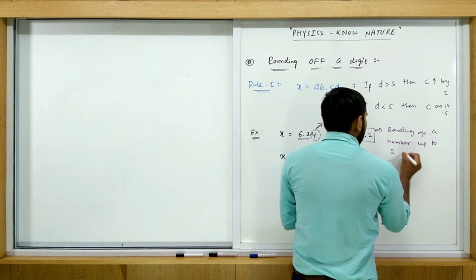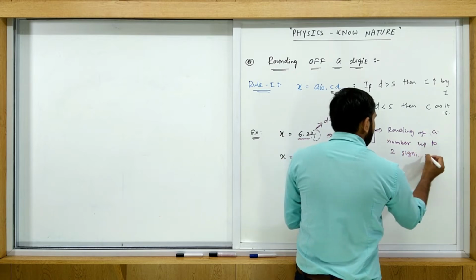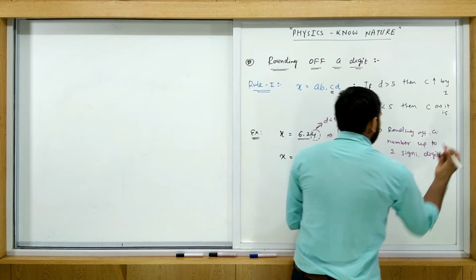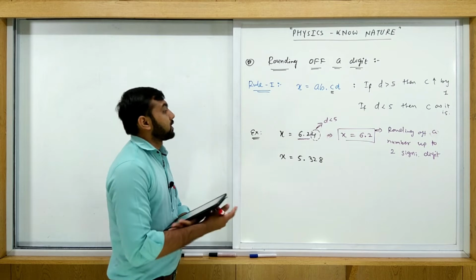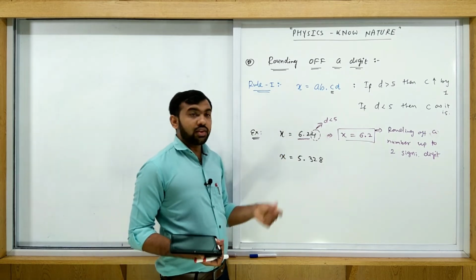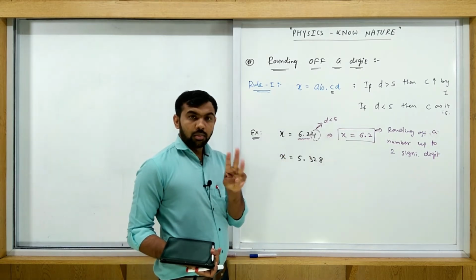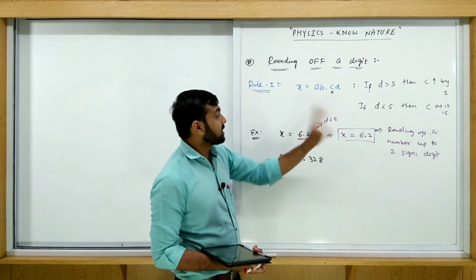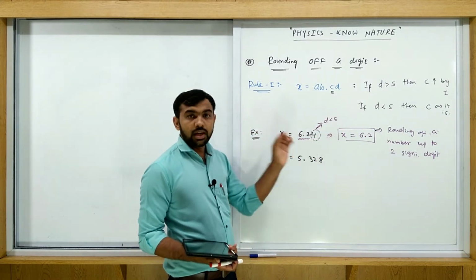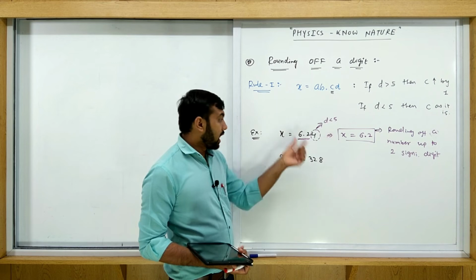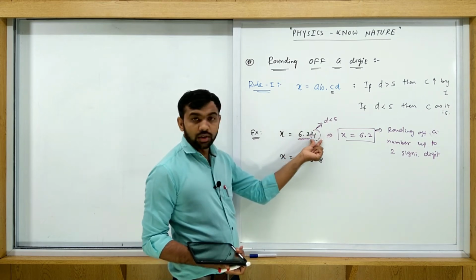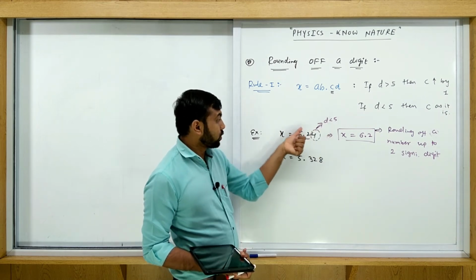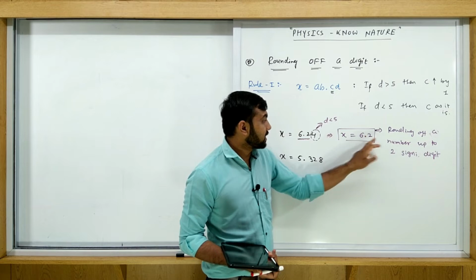In this first case, the total number of significant digits is 3, but we round off to 2 significant digits. Then we eliminate the right-hand side digit, which is 4. Since 4 is less than 5, 2 is as it is: 6.2.